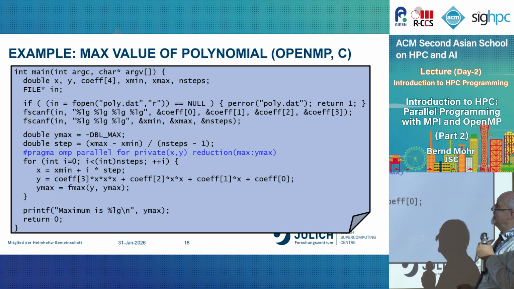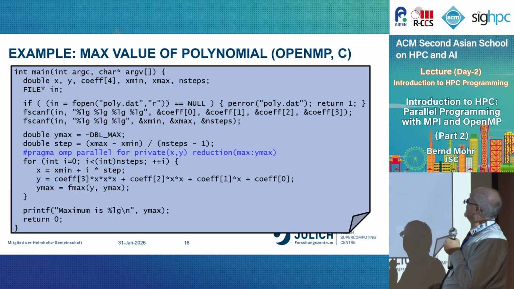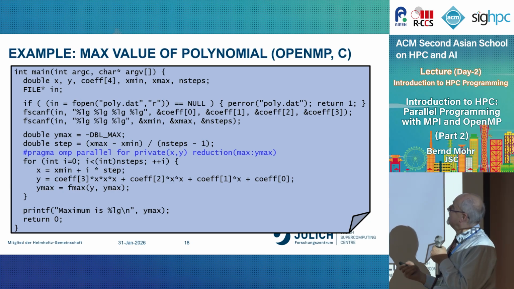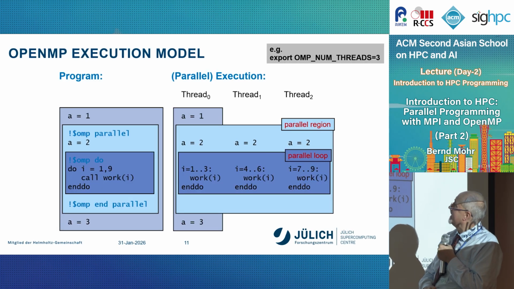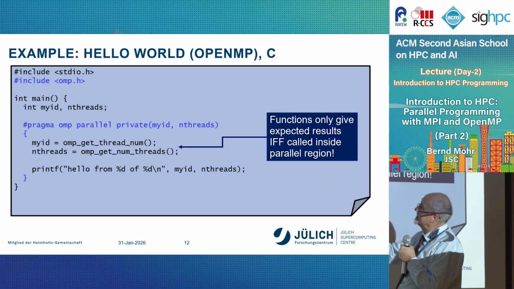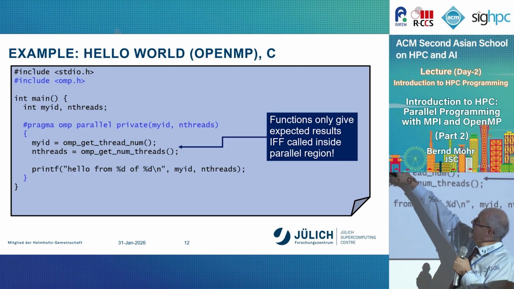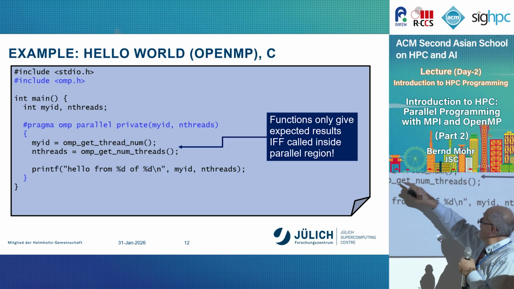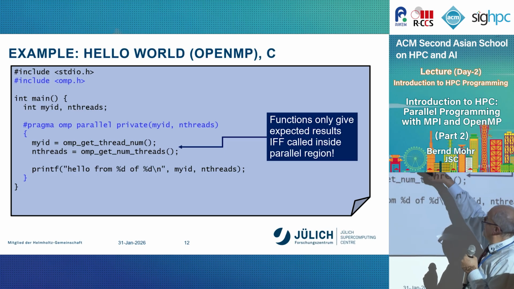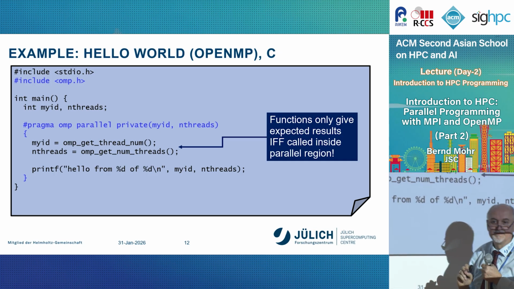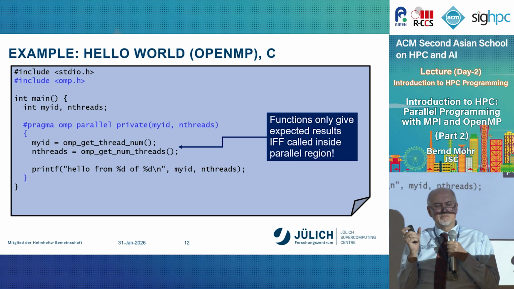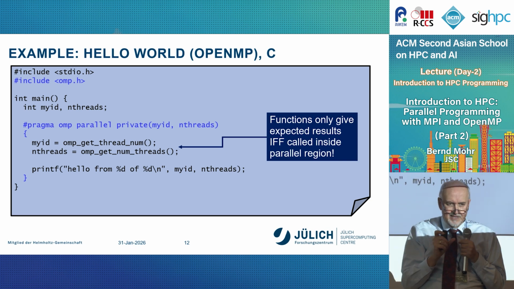And you probably see it, actually I think I put it in the hello world. Yeah, it says run that in parallel, and for this parallel section, make the myID and threads private. So which variables do you need to set private?